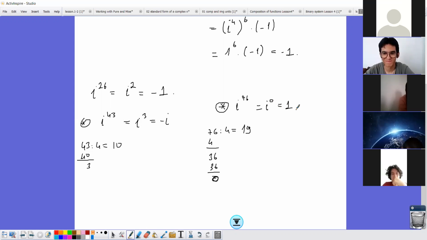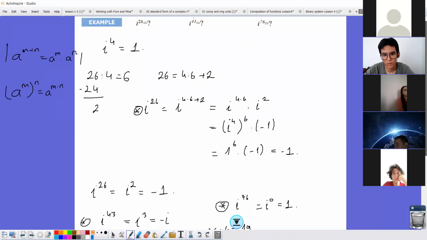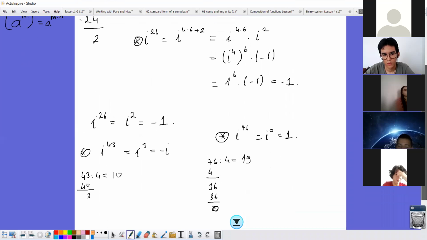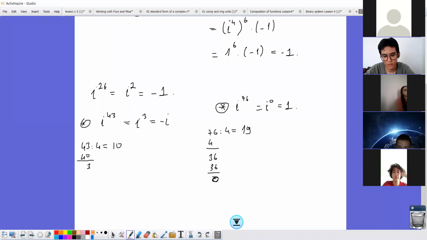Teacher, I did 72 divided by 4, and the remainder would be 4, so logically it is 1. 76 minus 72 is 4, right? Teacher, I don't know how to explain.